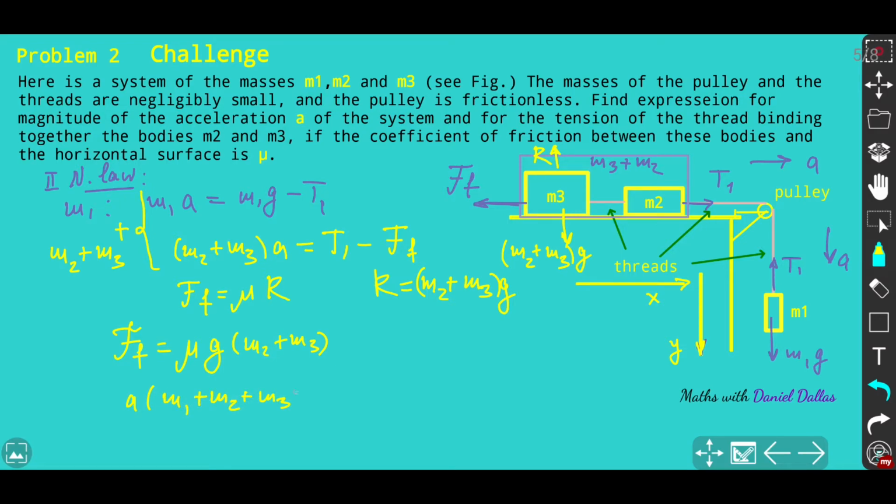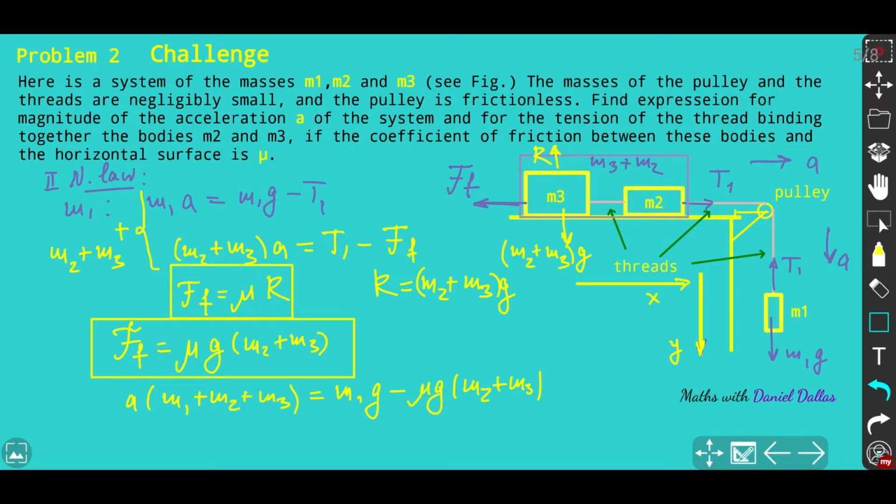And on the right side, T will be cancelled everywhere, and there will be M1 g minus what you have here, mu g times the total mass M2 plus M3, because instead of friction force we plugged in this expression. I even set up the frame so that you understand how this works. Basically we add up two equations, 1 and 2, all right?